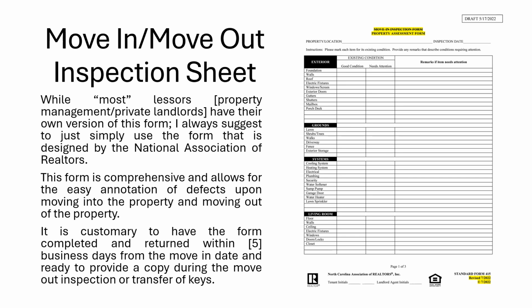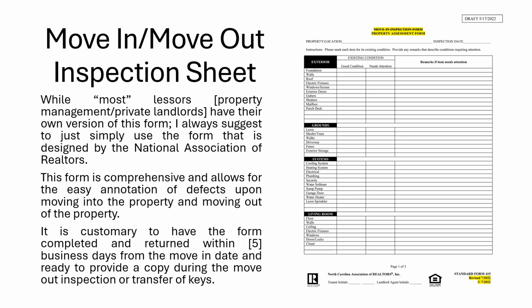And in case you've never seen one, it's customary to have this form returned within 5 business days from the move-in date if you are not walking through doing it with the person who is signing the lease, the other party.